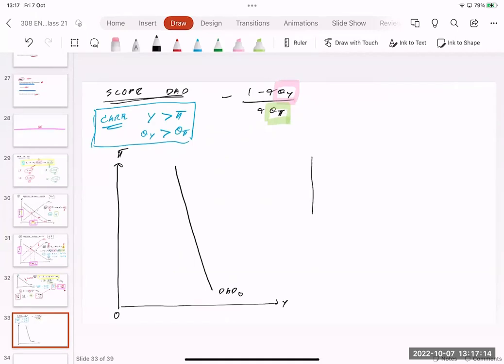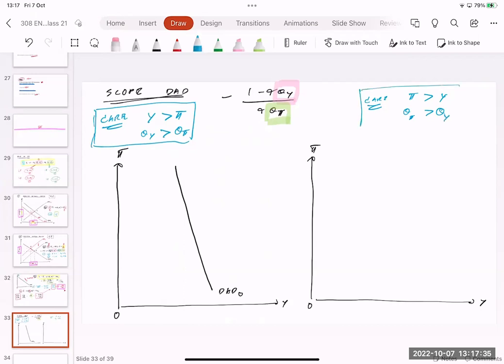On the other hand, if the central bank cares about the inflation problem more than the economic problem, theta pi is going to be greater than theta y, like this. You can see that theta pi is on the lower part of the fraction and theta y is on the upper part.